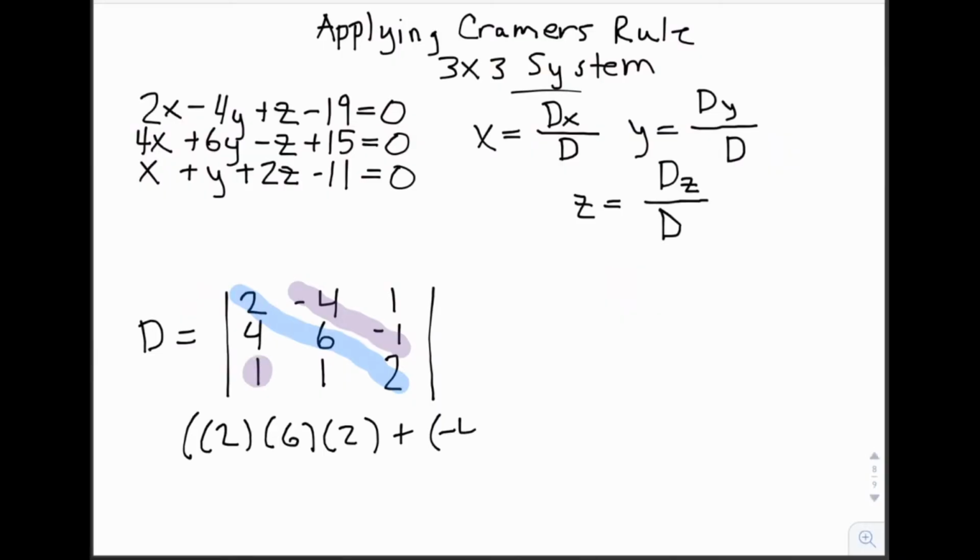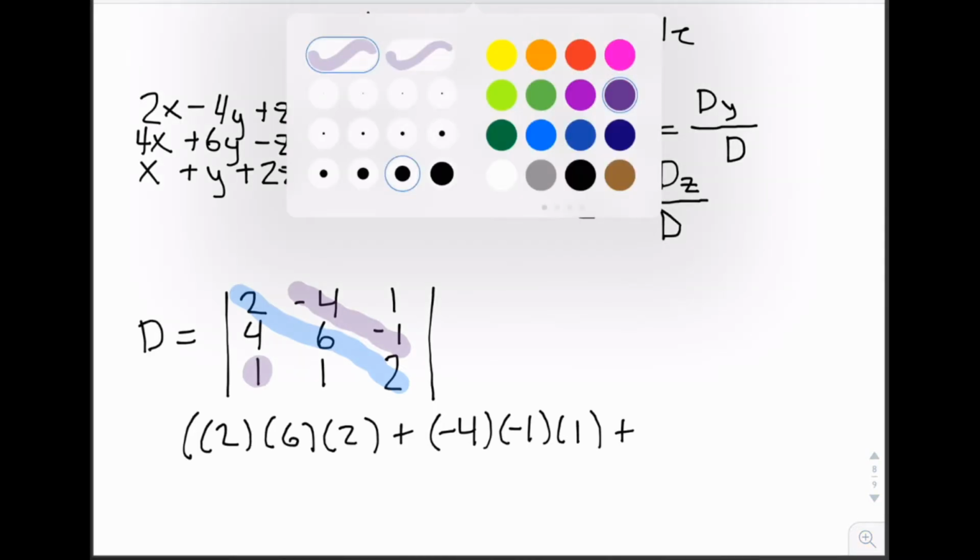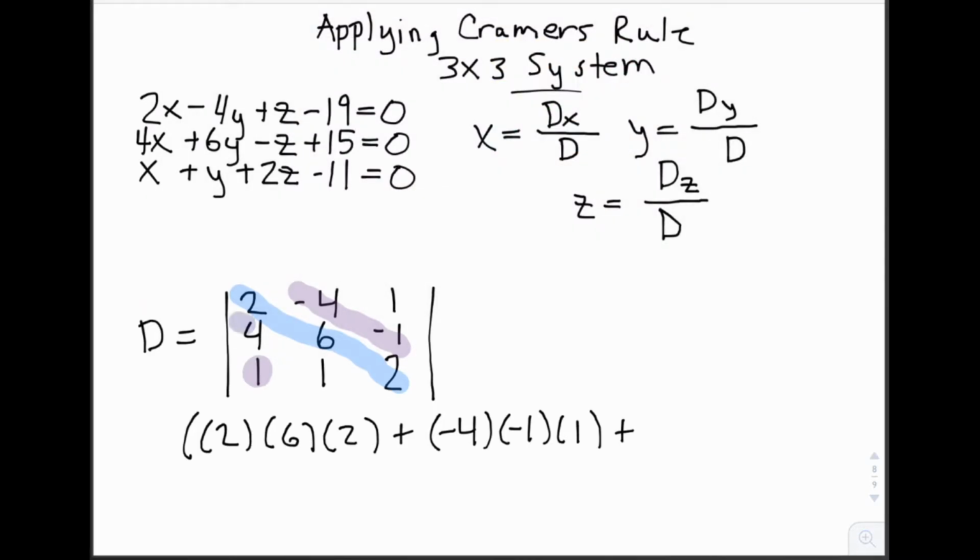And then we can add our last downward direction diagonal, which is going to be this 4, 1, and then opposite corner, which is going to be a 1 here. And we can close off those parentheses and subtract.